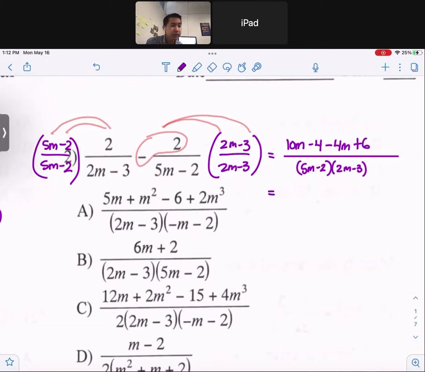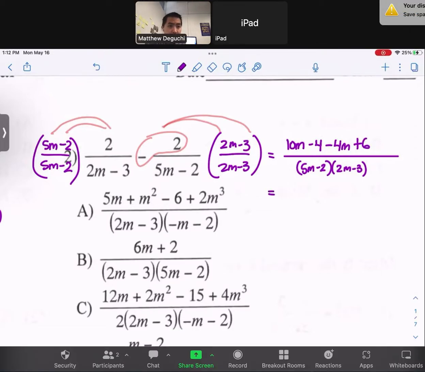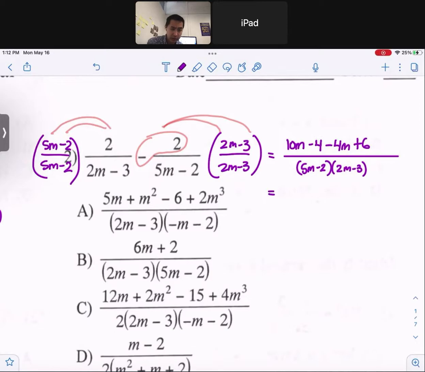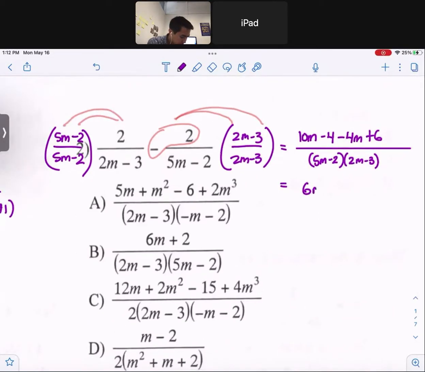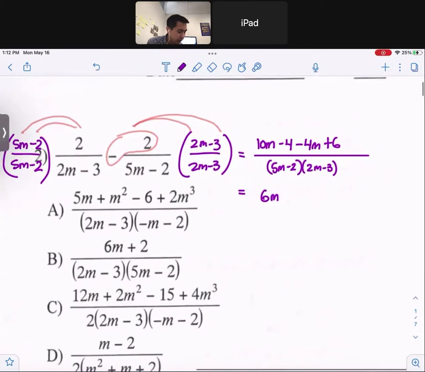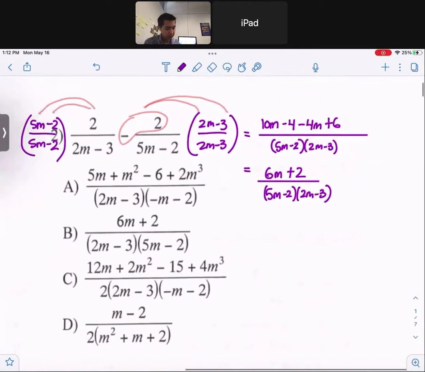Combine like terms: 10m minus 4m gives you 6m, and then negative 4 plus 6 is positive 2, all over 5m minus 2 times 2m minus 3. So our answer is going to be B.